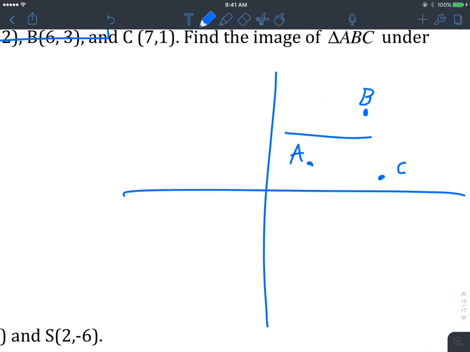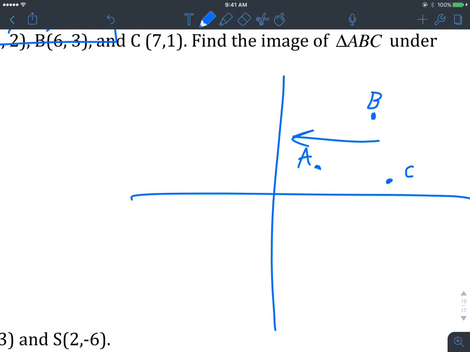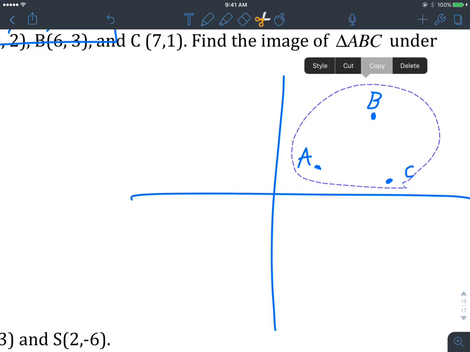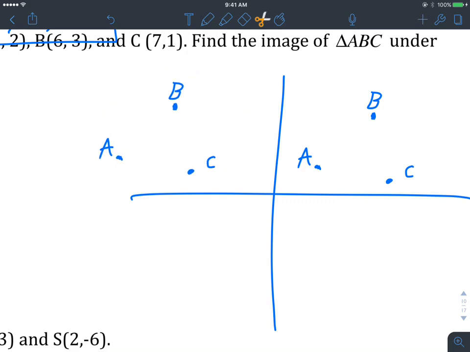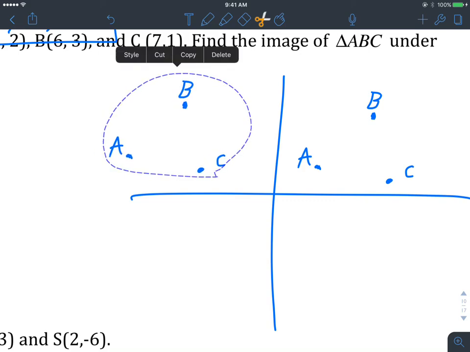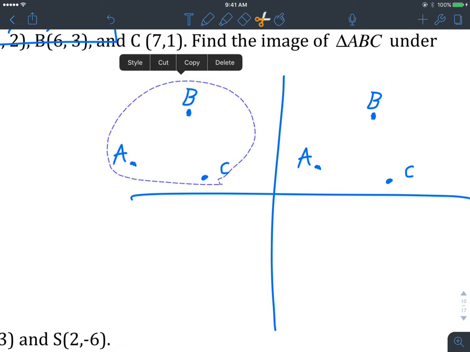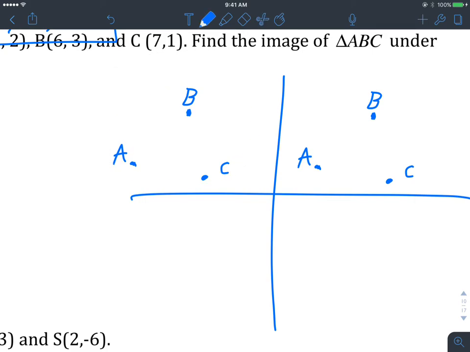So let's see what that does right there. So all these points, we're going to be moving them over 12 units. So here, I'm actually going to try this out. So we're going to copy, we're going to paste, and we're going to just make it look like I moved it over to the right. So there you go, you got all these points. These would be your A prime, B prime, and C prime.